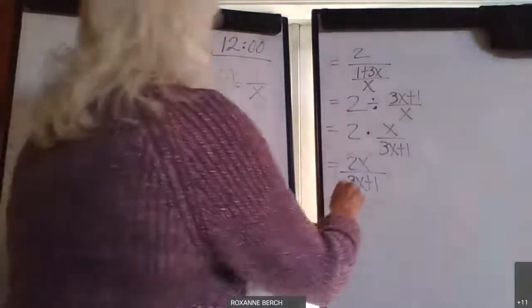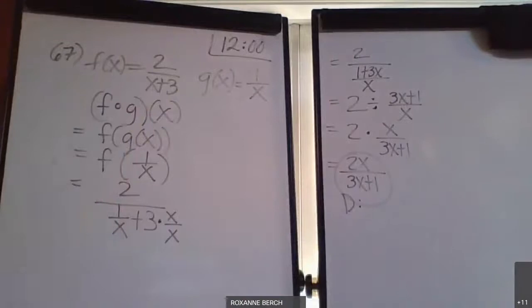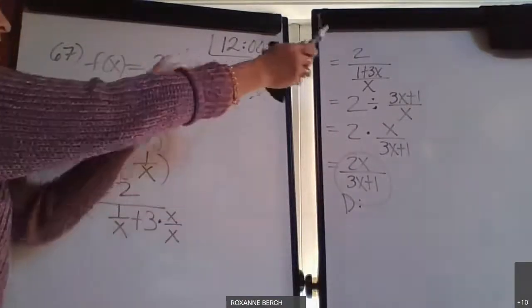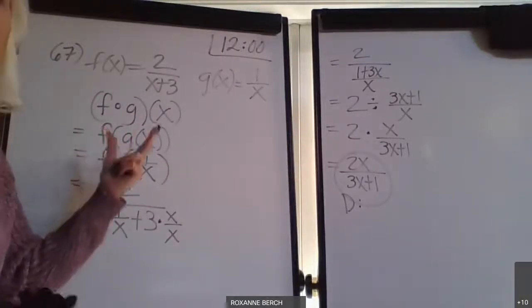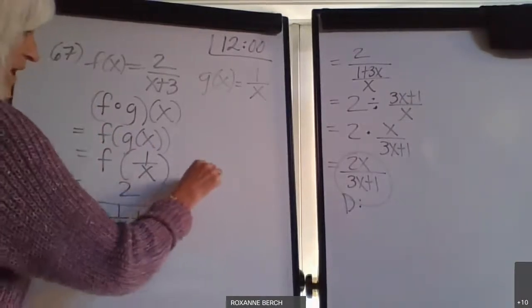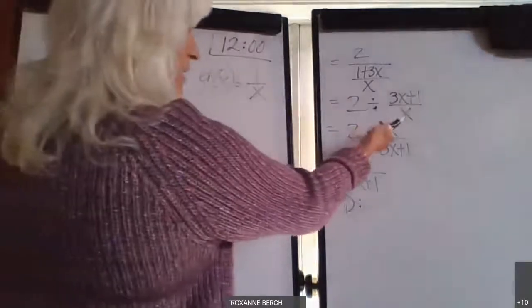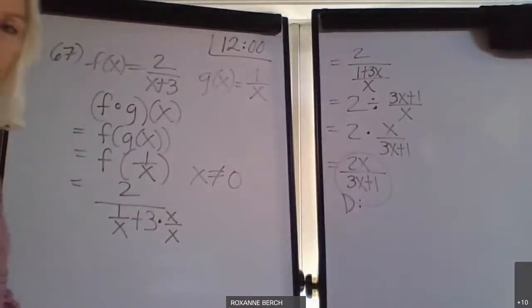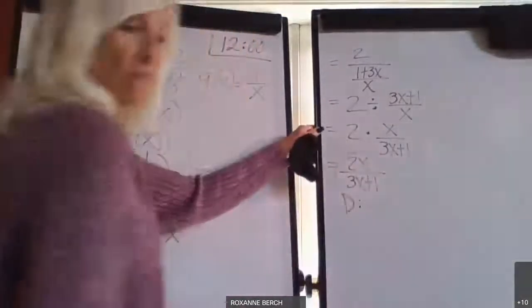When you go to find the domain, you first think, oh, x cannot be -3, but 2 over x plus 3 appears nowhere in this problem. So therefore, -3 is not a problem. But what is a problem is you cannot have a 0 over here. And what else can you not have? You can't have what makes that 0, right?